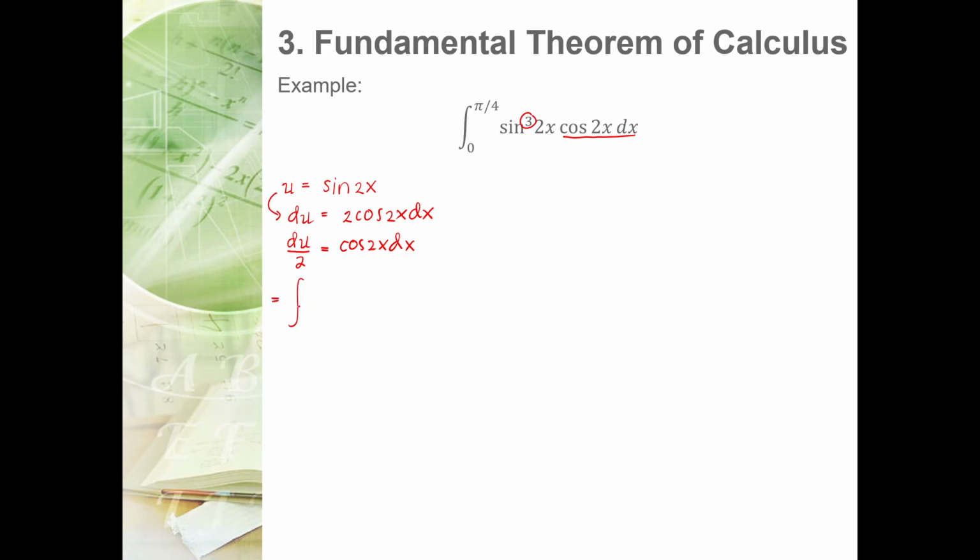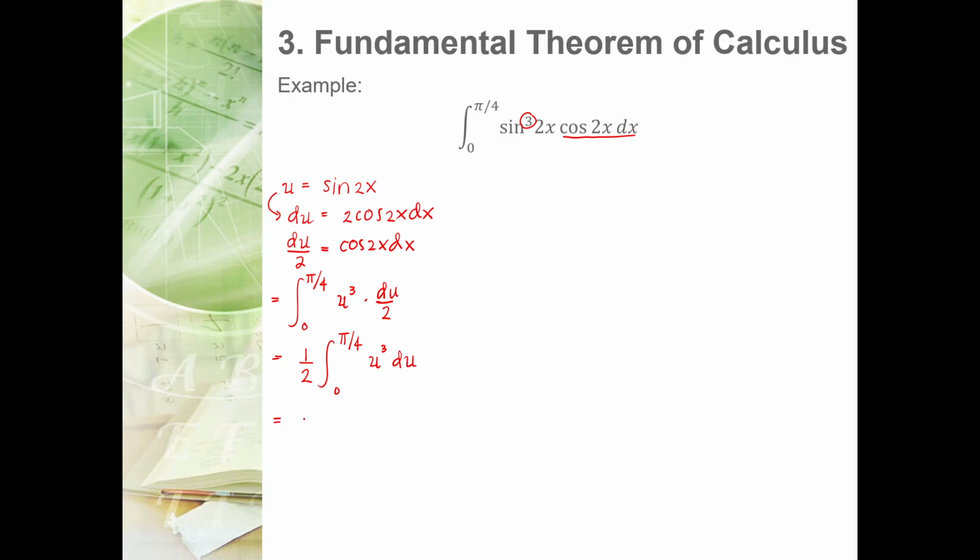So the integral becomes from 0 to pi over 4, u cubed times du all over 2. So taking the constant outside, we now have 1/2 integral from 0 to pi over 4 of u cubed du.